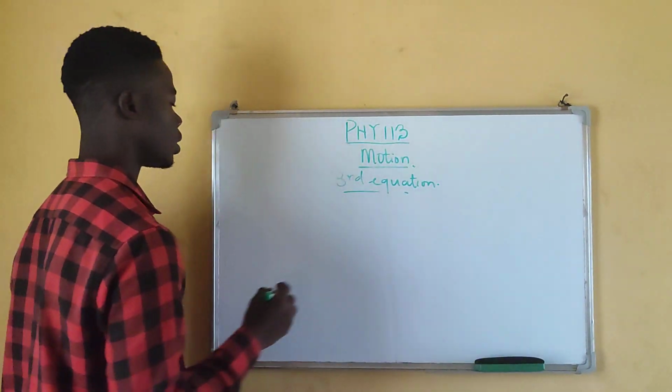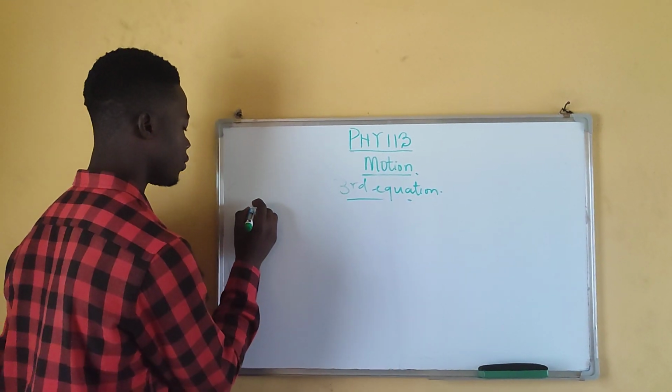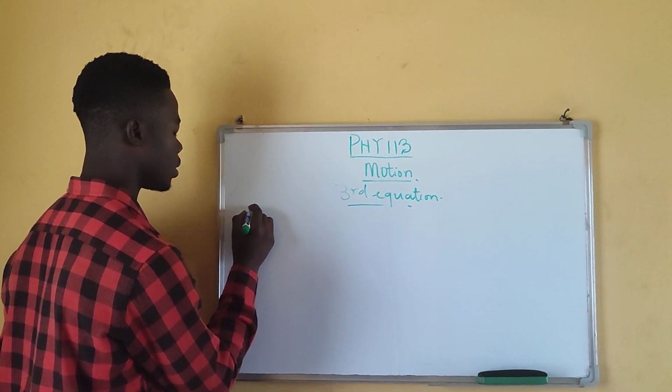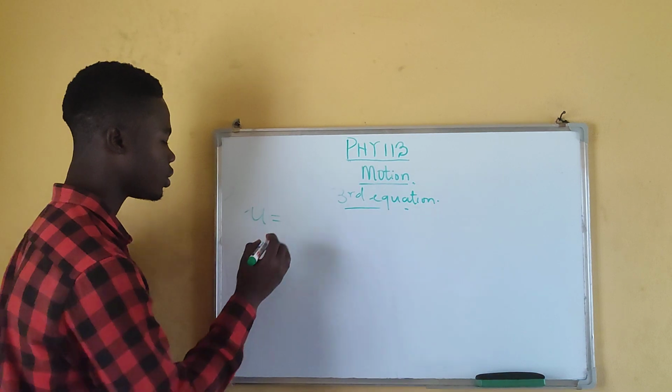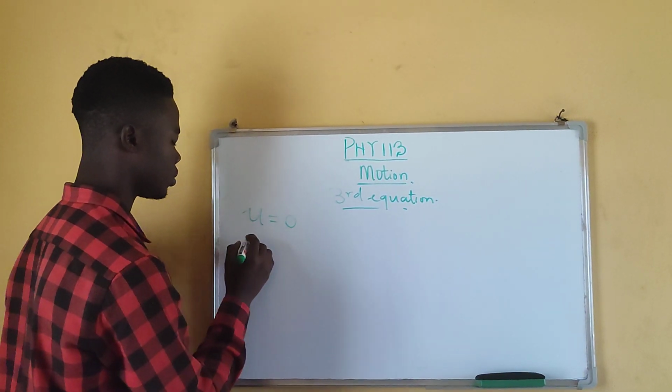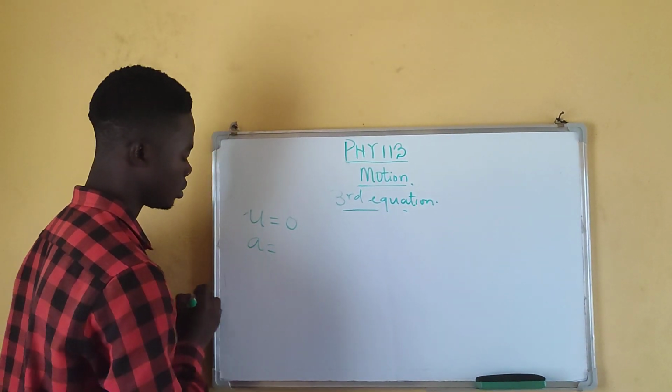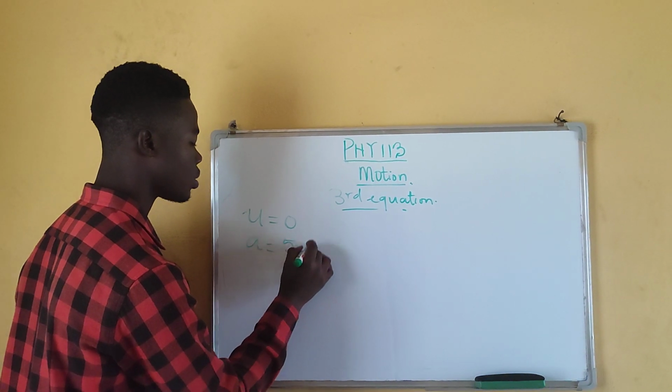So now we have u. You are given u to be 0. You are given a to be 5 meters per second square.